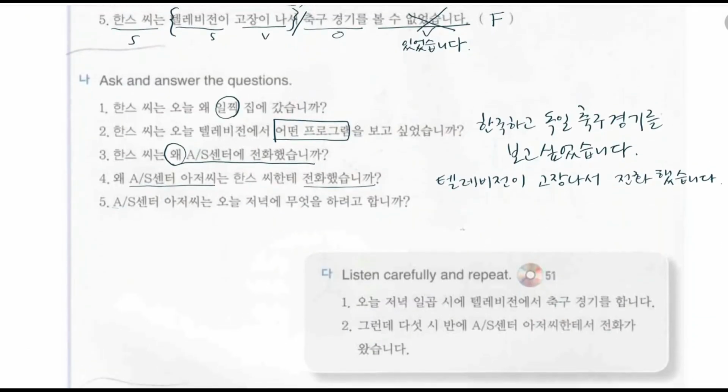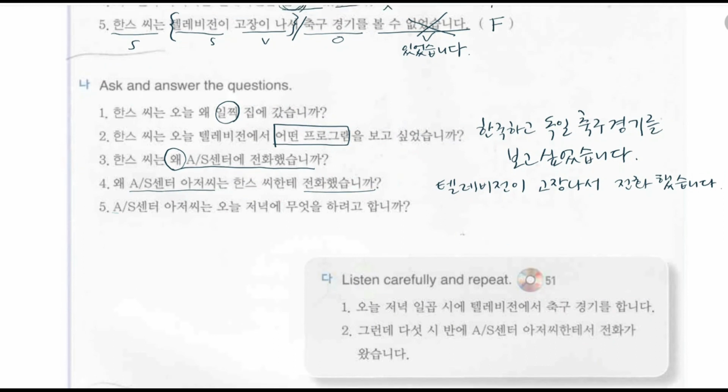He called because he couldn't come until 6 o'clock. 어떻게 말해요? 6시까지 올 수 없어서 전화했어요. 전화했습니다. Okay? Very naturally, we use this also.